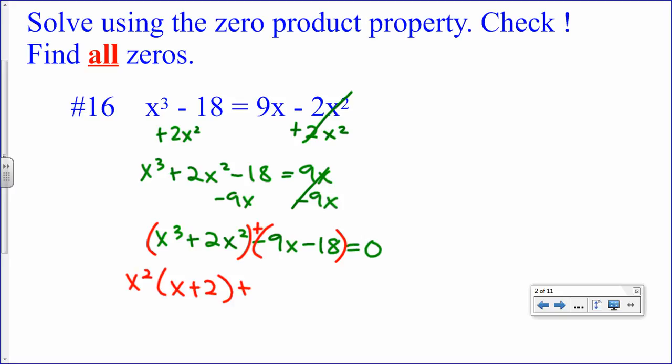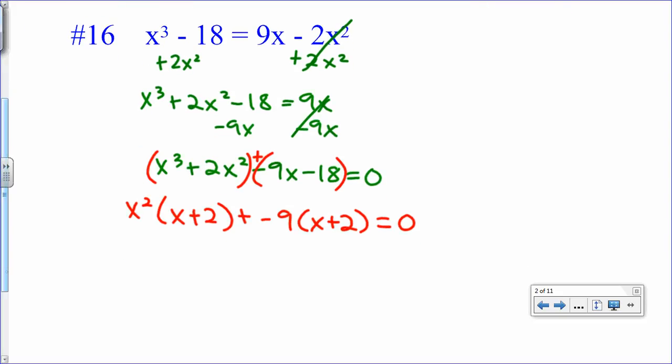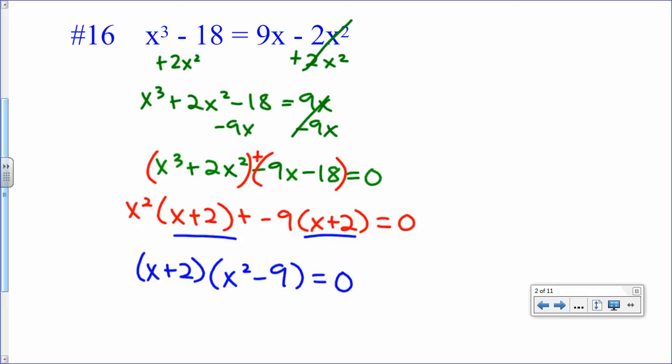What do I factor out of the second group? Negative 9. Good. Okay, so they have x minus 2 is their common factor. Or, I'm sorry, x plus 2. And then I'm left with x squared minus 9 equals 0.